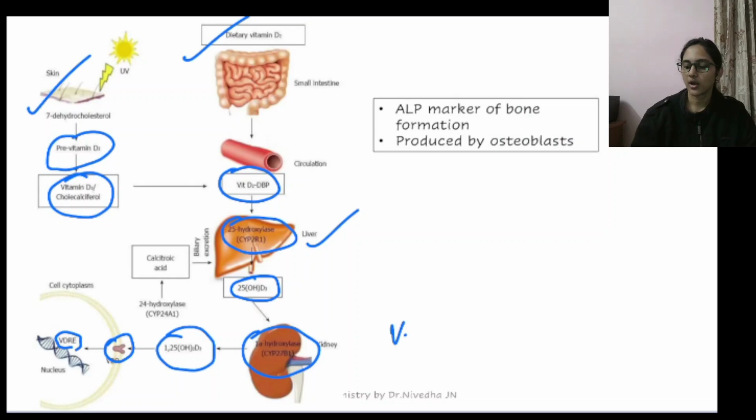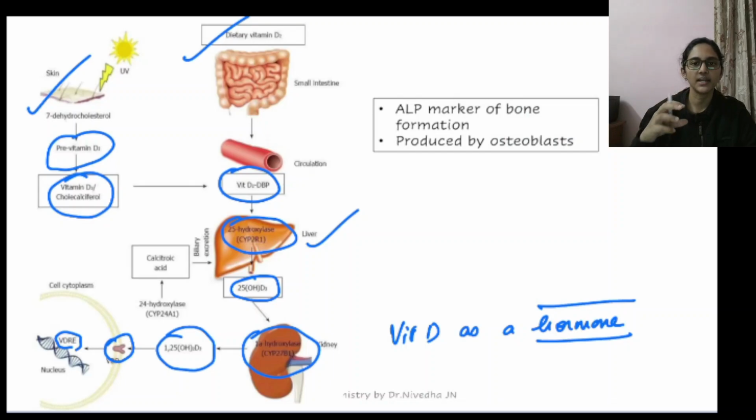So that is why you call vitamin D a hormone. Why do you call vitamin D a hormone? Because it has a hormone like action, right? It has a receptor, it binds to the receptor, it binds to the vitamin D response elements on your DNA, and that is going to bring about transcription of proteins that will execute the functions of your vitamin D, right? So that's why you call vitamin D a hormone.